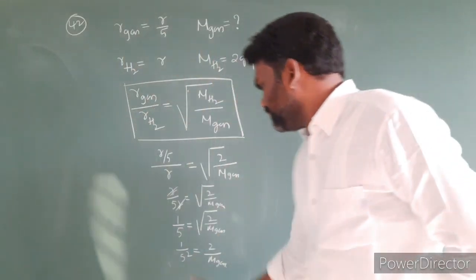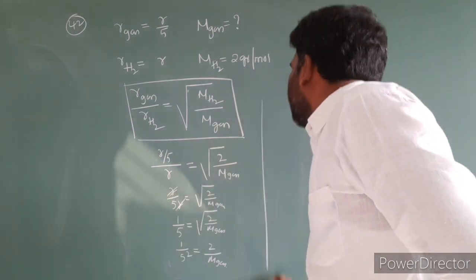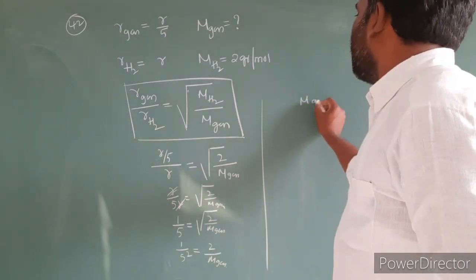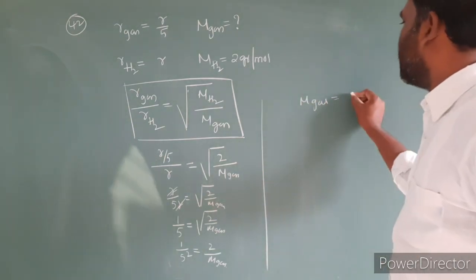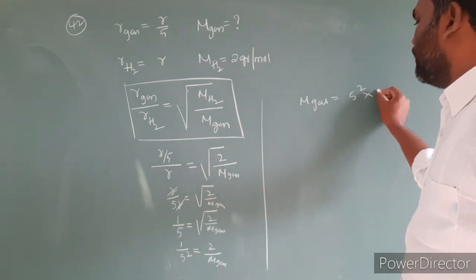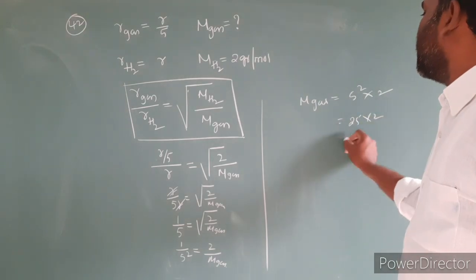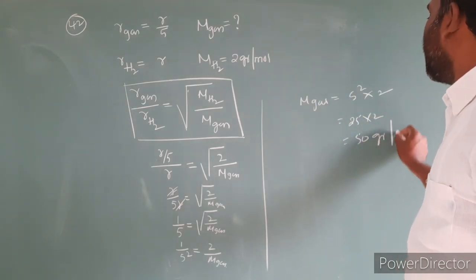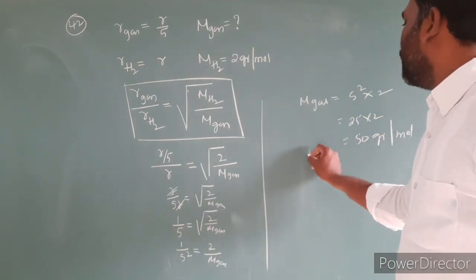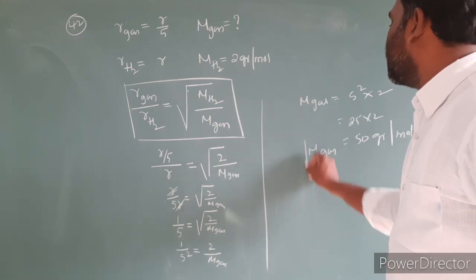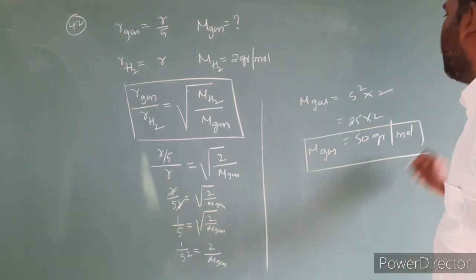So the molar mass of the gas is equal to 5 square into 2, that is 25 into 2, equal to 50 gram per mole. So the molar mass of the unknown gas is 50 gram per mole.